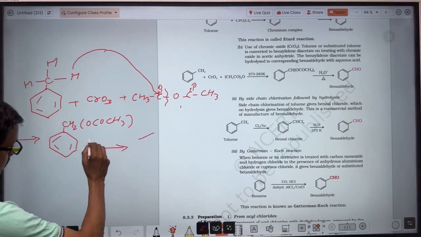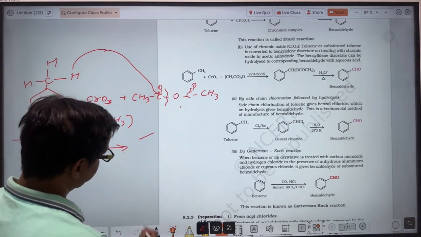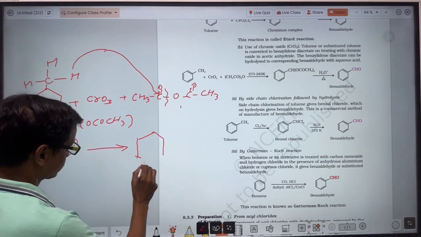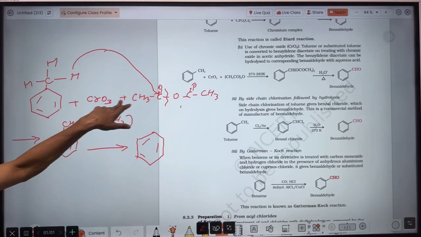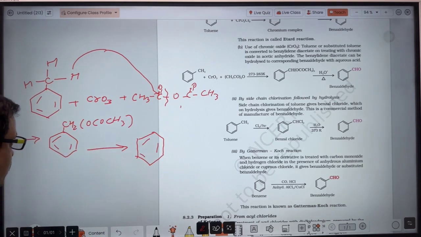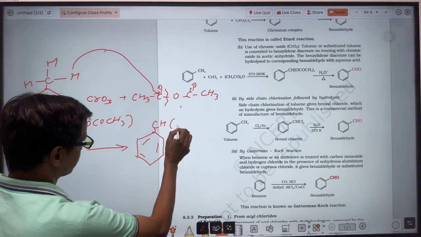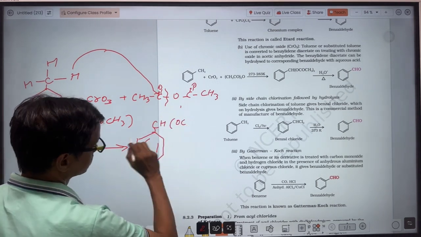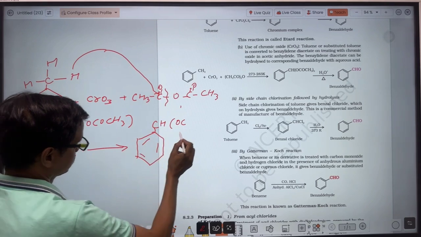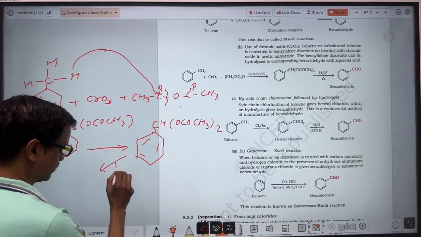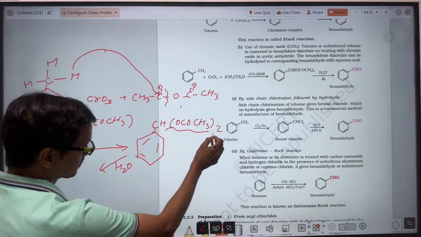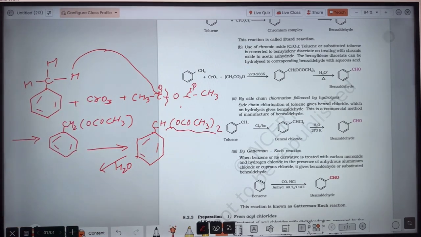So finally there will be a formation of, this will repeat. So then after one hydrogen, this compound will be there. Same, the other one will also be bonded. Then after passing water, this whole group will get released from there and convert to acetic acid.